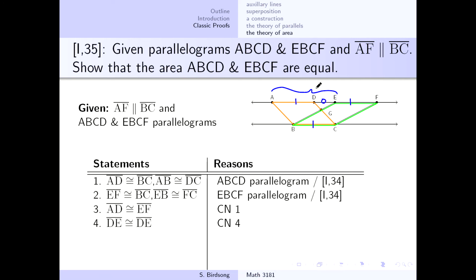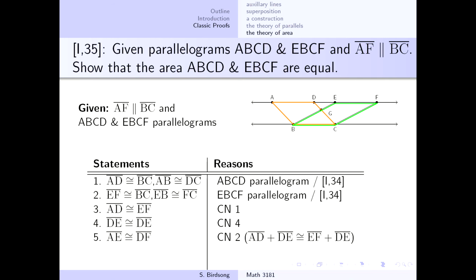Okay. Now think about it for a second. What do we know about those two line segments? And hopefully you're all thinking that those two longer line segments are just the two congruent line segments plus that same little piece. And it turns out, yes, that is correct.